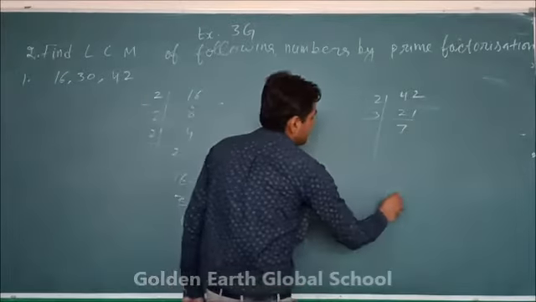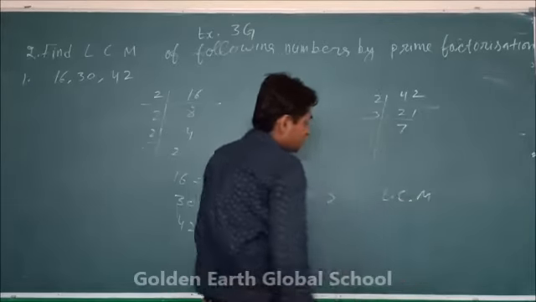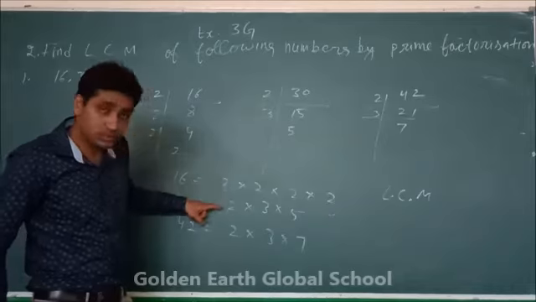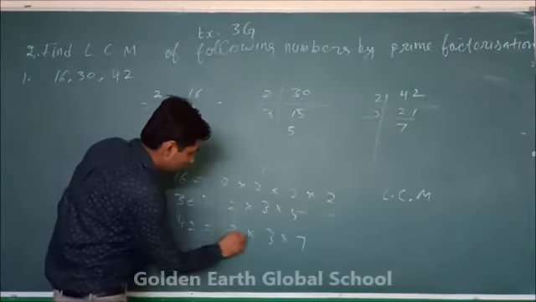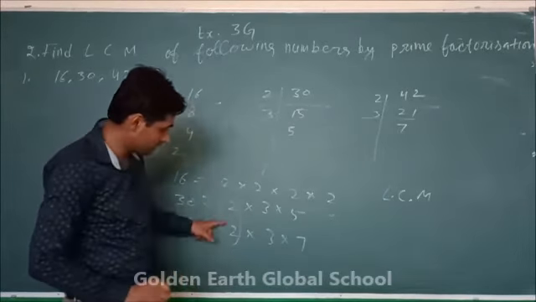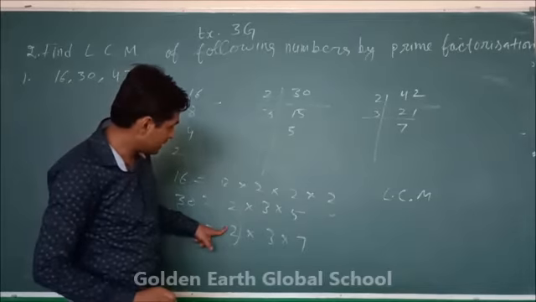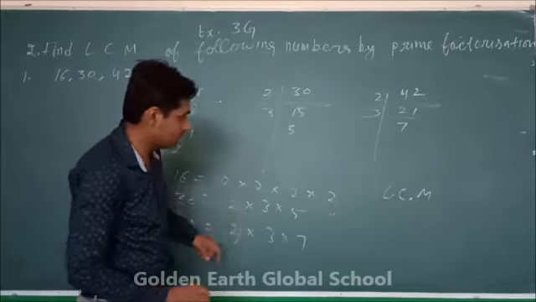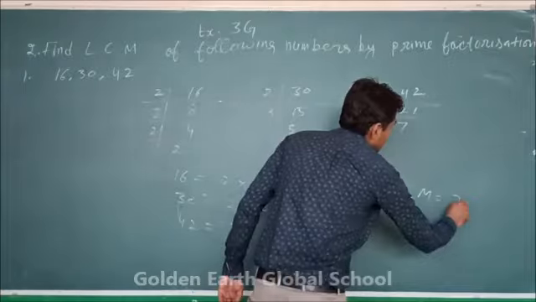So what is the method? Firstly, find the common factor. 2 is common, and after that nothing is common. So you write the common one time.